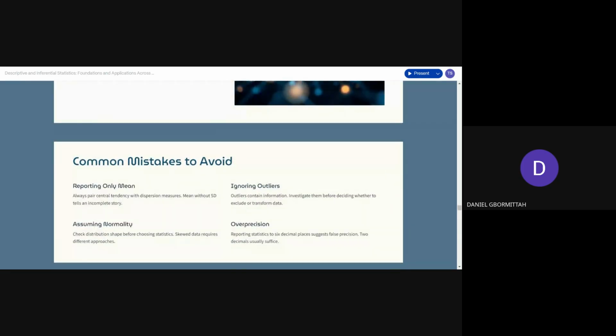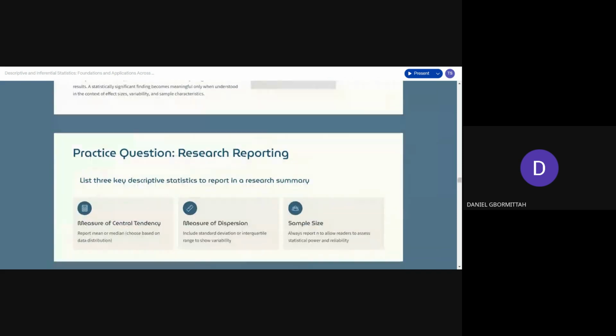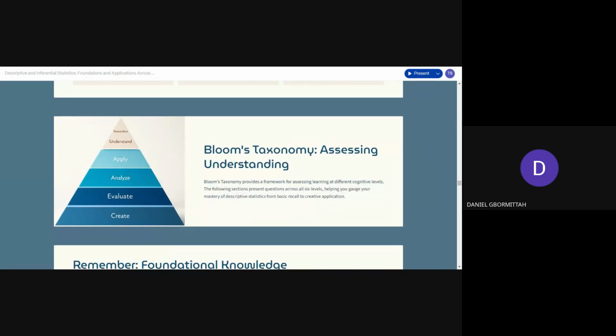But then the Bloom's taxonomy you saw here is the new revised Bloom's taxonomy. The revised Bloom's taxonomy puts the student's ability to create at the apex.